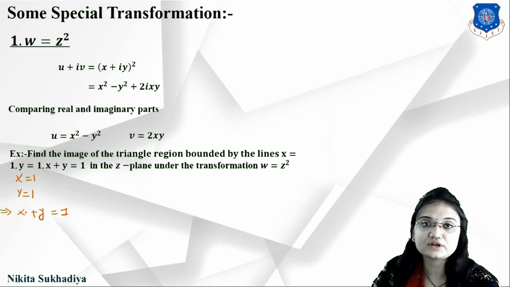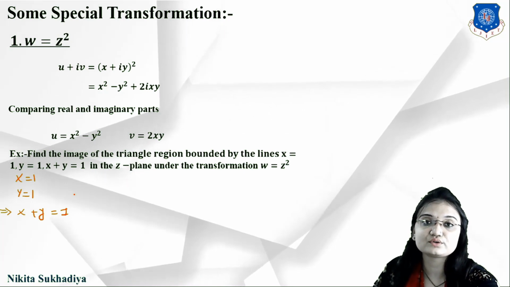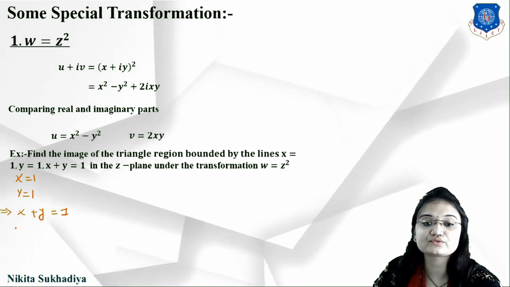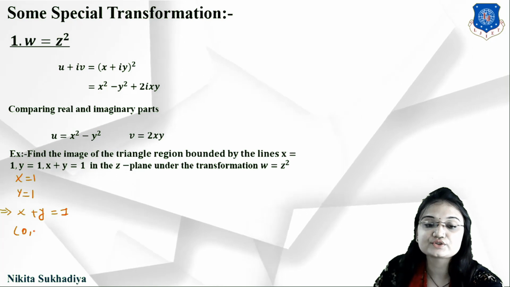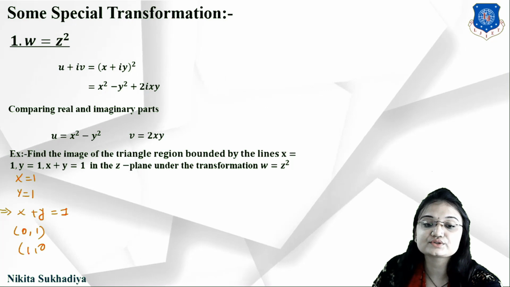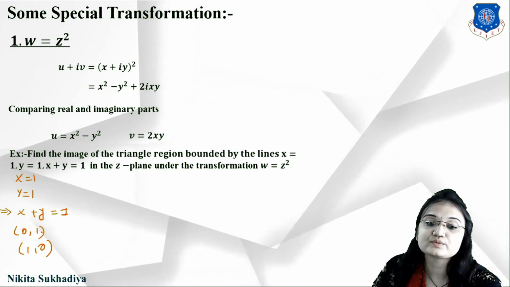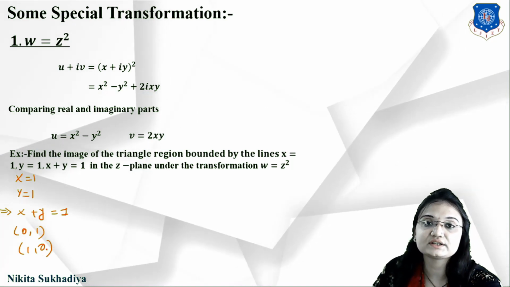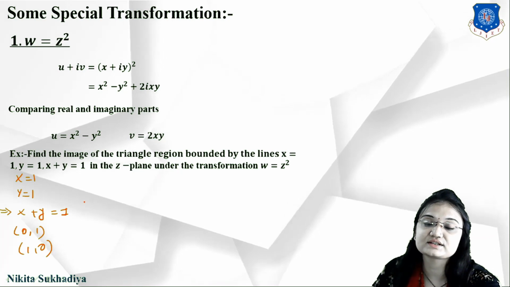What are the points for the line x plus y is equal to 1? First put x is equal to 0, so we get y is equal to 1, and then put y is equal to 0, so we get x is equal to 1. By joining these 2 points we get the line x plus y is equal to 1.